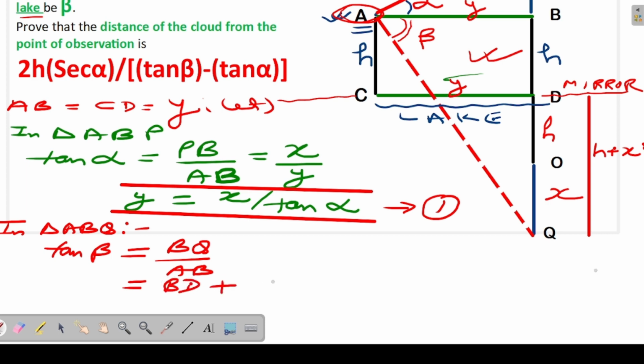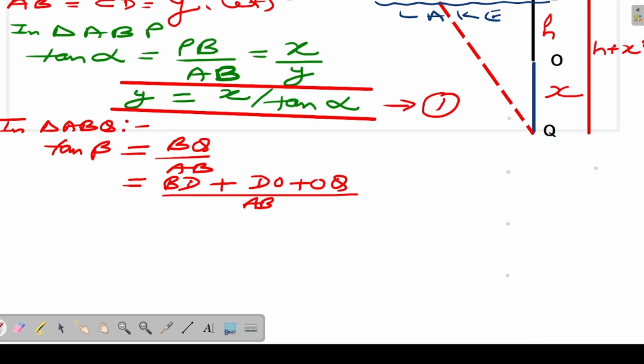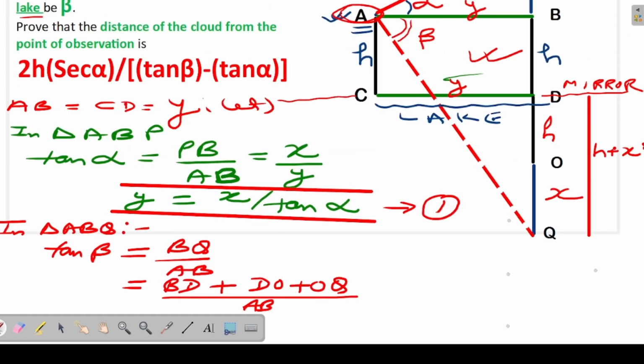And we know that BQ is BD plus DO plus OQ, by AB. What is the length of AB? We have assumed it as y. Now put the values in the next step, right? So what is the value of BD? It's h. Value of DO? DO is again h, plus OQ.